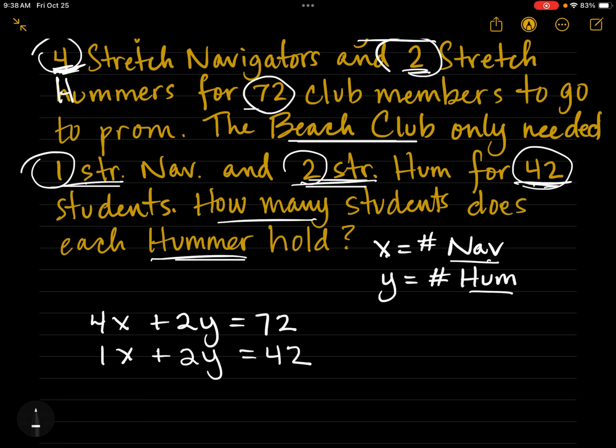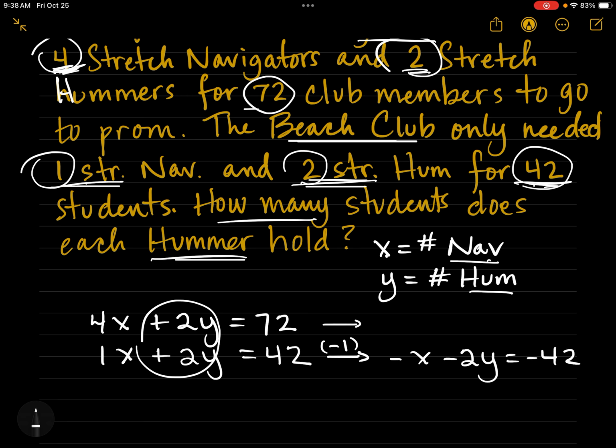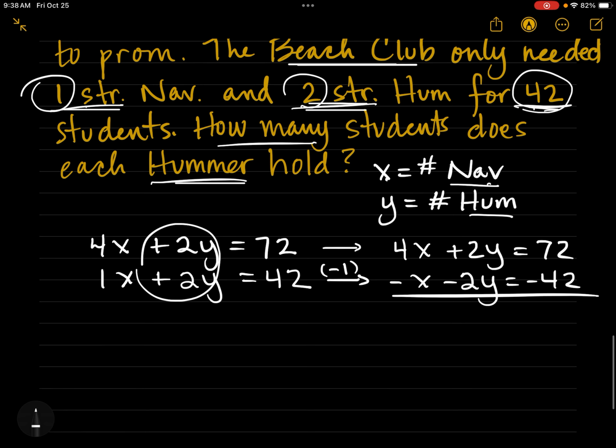This one looks like I would solve by elimination because these numbers are already the same. So I'm going to multiply this equation by -1 and leave the first equation the same. Now when I add these together, the y's eliminate.